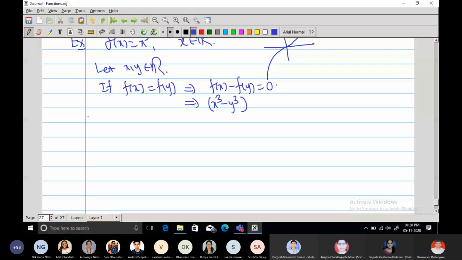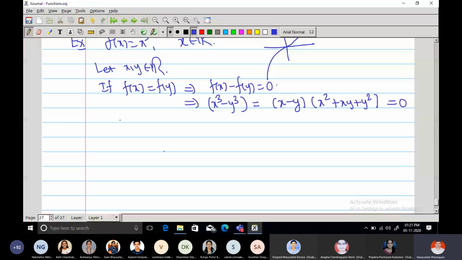From that, can we declare that x is equal to y? So when I say f(x) is equal to f(y), it means f(x) minus f(y) is 0.